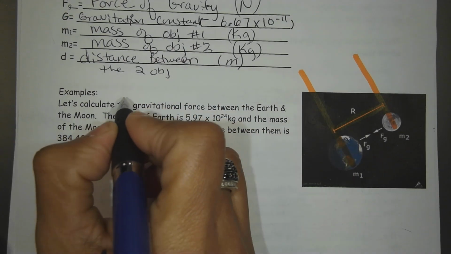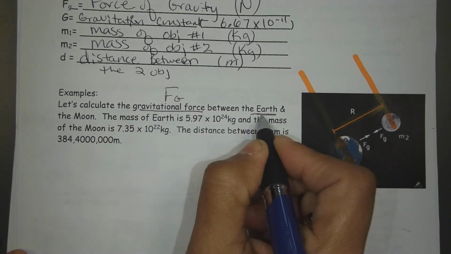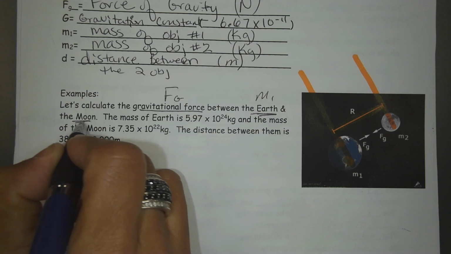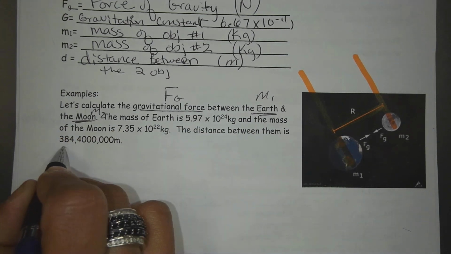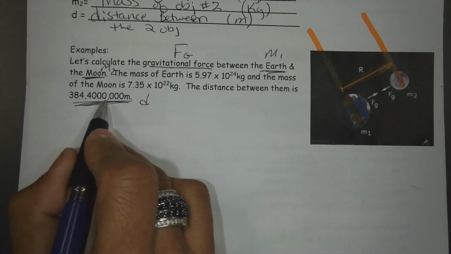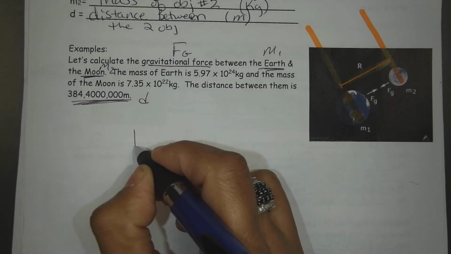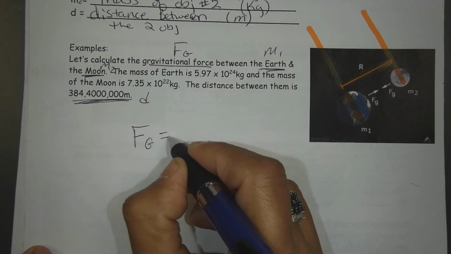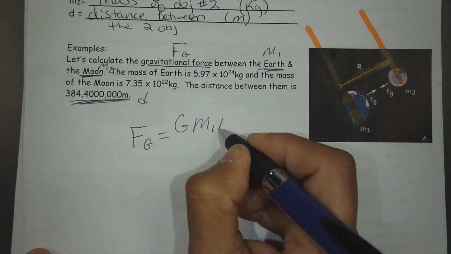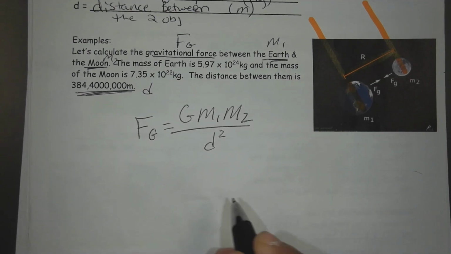It says here, let's find the gravitational force between Earth, M1, and the Moon, M2. And the distance between them is, my commas are messed up. So let's go ahead and I'm going to write my equation. Force equals G M1 M2 over distance squared.